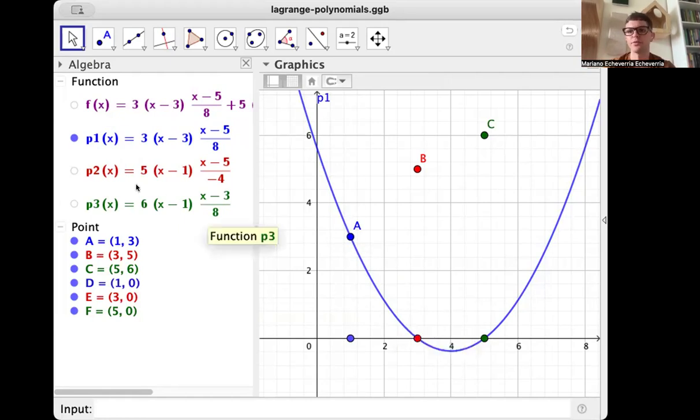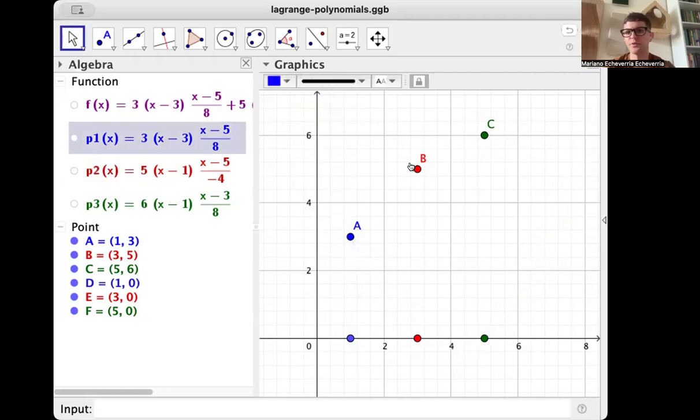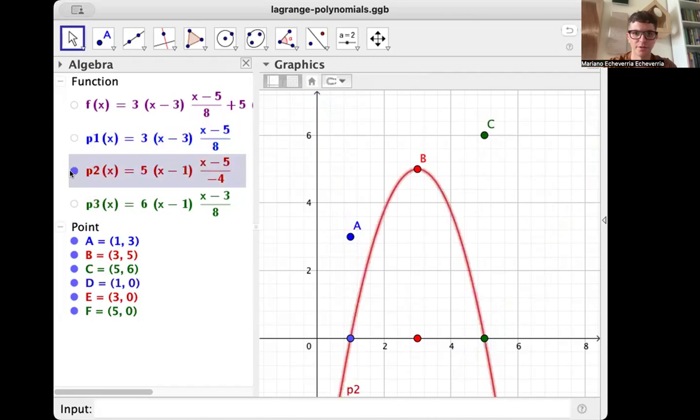And then you do the same for the other two. So for the red point, you want to find a polynomial that passes through that particular point, and at the x values of the other 2 points, the polynomial is zero. So this is the one that you see here. It passes through the red point and is zero at the x values of blue and green.